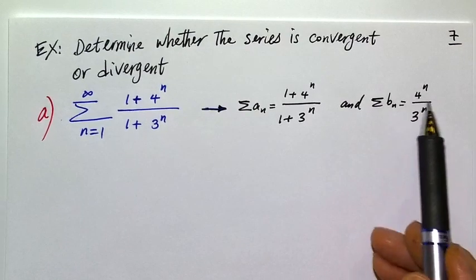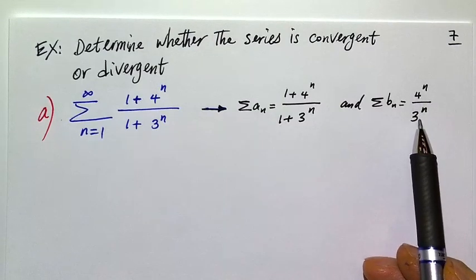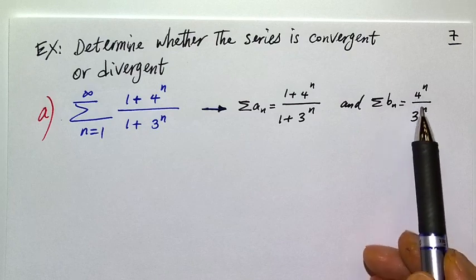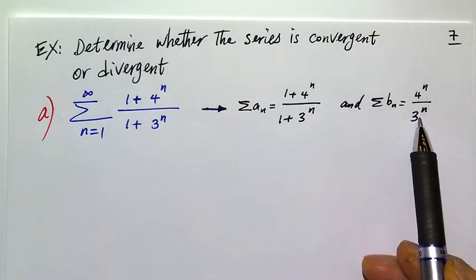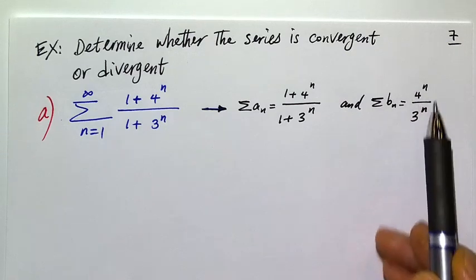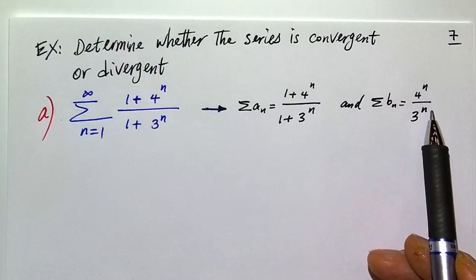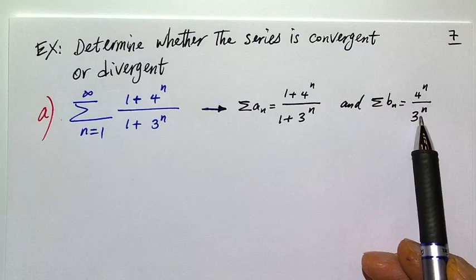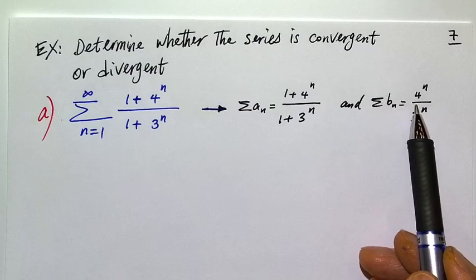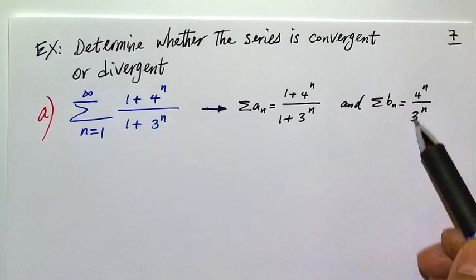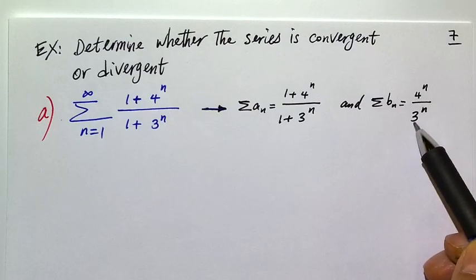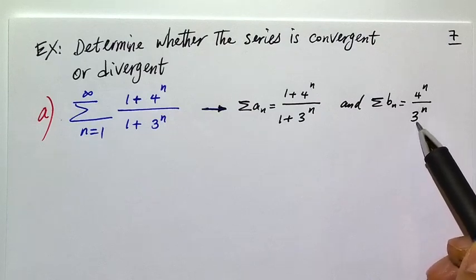Now, those of you who are familiar with the discussion we had in 8.2, if you remember that, we can rewrite this as (4/3) to the nth power, but that's exactly a geometric series where the absolute value of r is greater than 1. r would be 4/3, which is greater than 1.